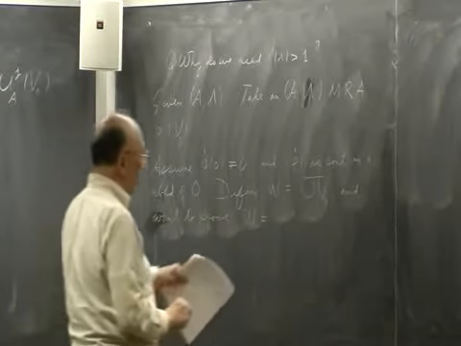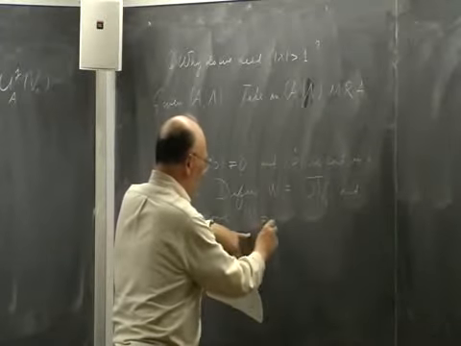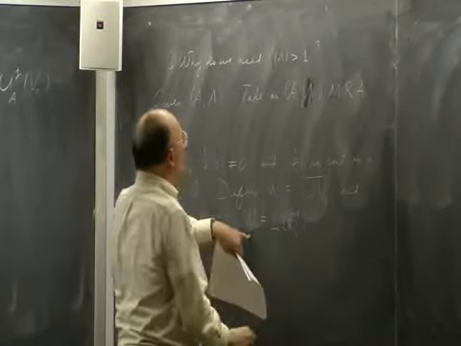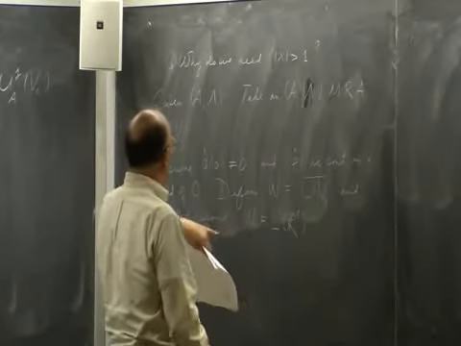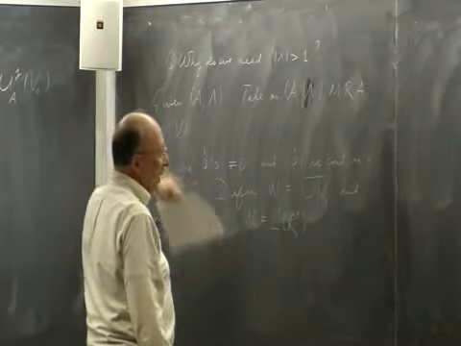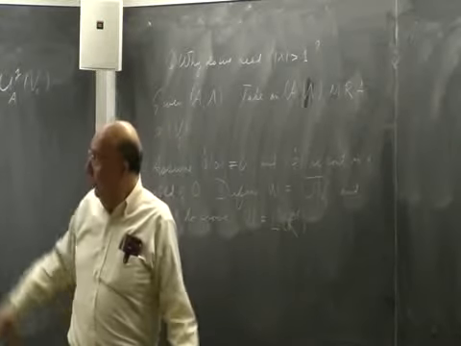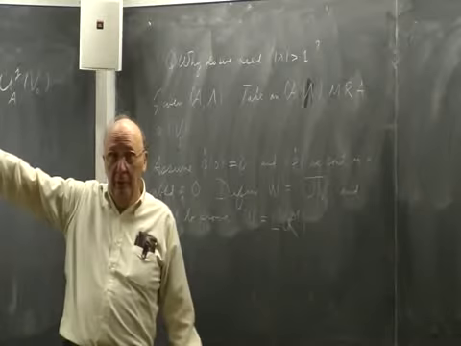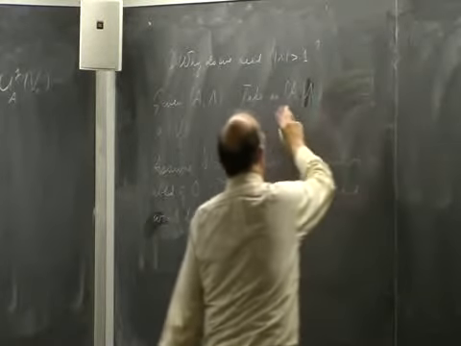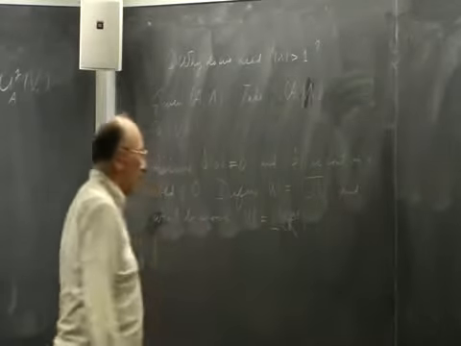I don't want to assume I have an MRA, because I want to prove that. So let's assume I have a phi and VJs, and that I want to verify that property of an MRA.